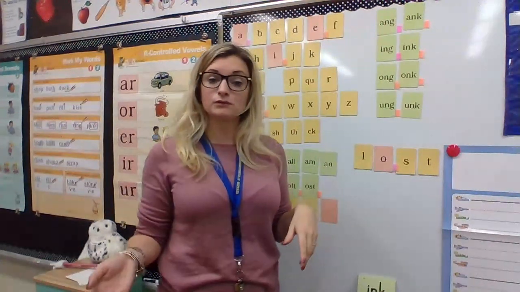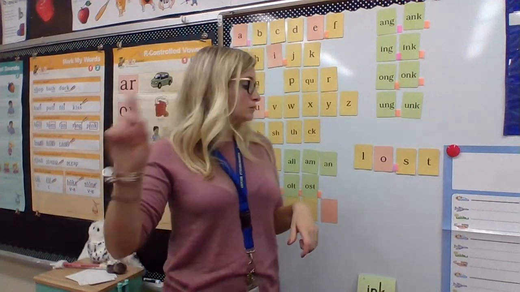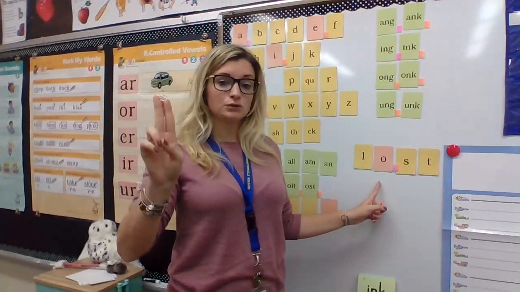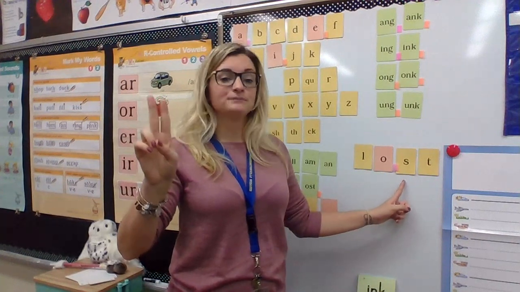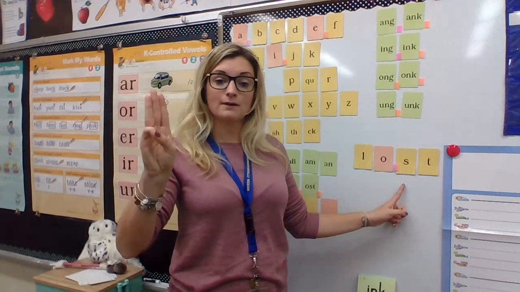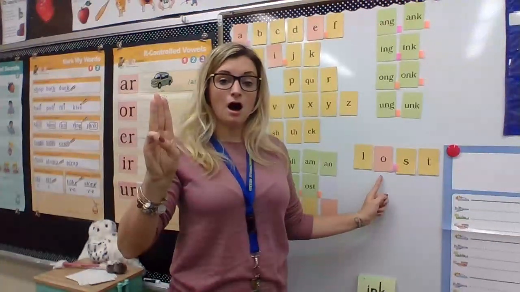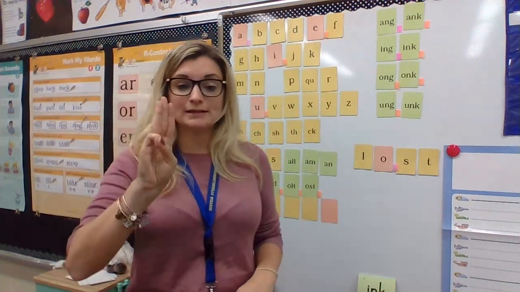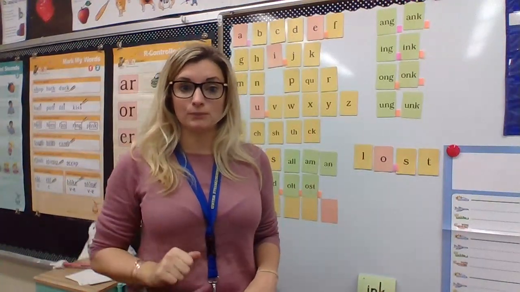Okay, let's look at our 3 rules for closed syllables. Rule 1, does it have one vowel? Yep. Rule 2, is it followed by a consonant? Yep. Rule 3, does it make that short vowel sound? Yes, it does. It follows all 3 of those rules, which means it's a closed syllable.